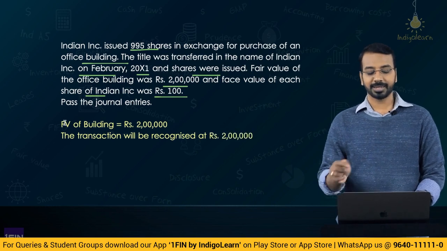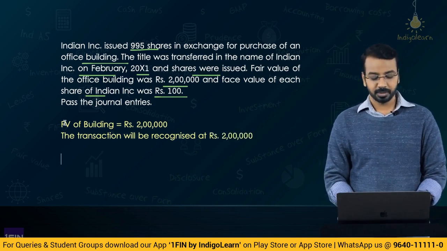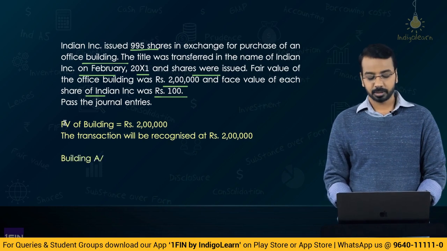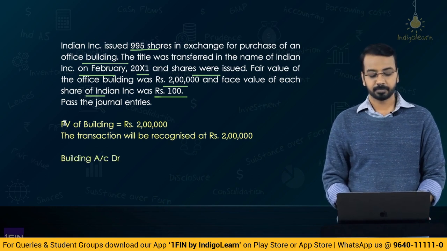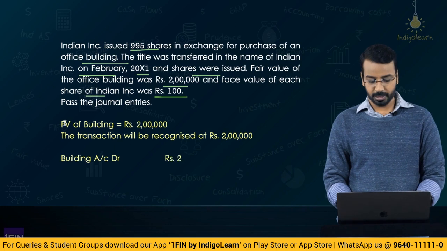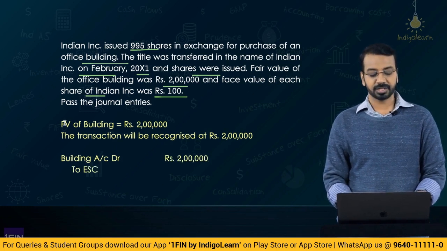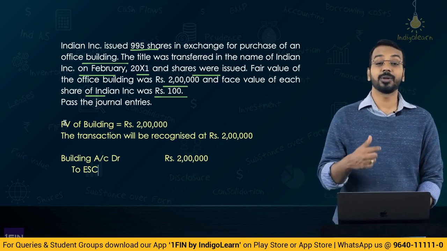Now when I say the transaction is recognized at 2 lakhs, what will be the journal entry? Building account debit rupees 2 lakhs, to equity share capital. How many shares are issued?